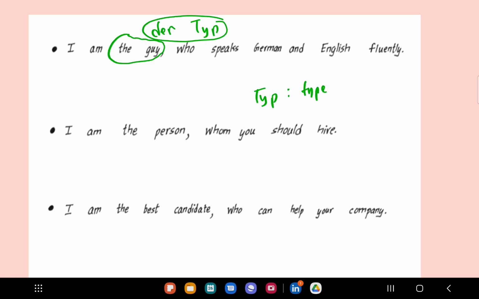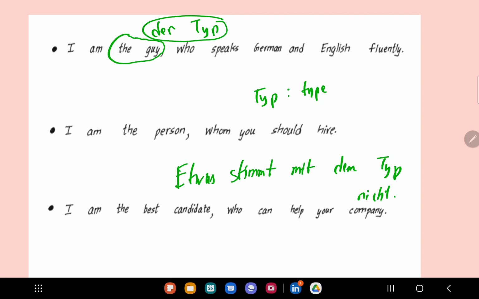It's a different way of saying, for example, if you're gossiping about someone, and you want to say there is something wrong with him, there you will hear people say: etwas stimmt mit dem Typ nicht.